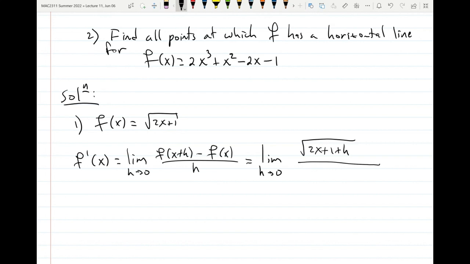Okay, wait. No, that's not what it is. So what does this mean? The h goes outside. No. Let me ask you an easier question. If I ask you to do this, what do you do? What do you do? Plug in the 1.